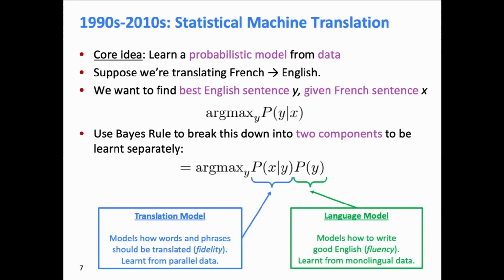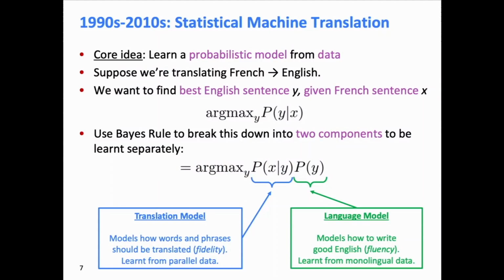Instead of a single conditional probability distribution needing to understand how to translate and how to write good English text and understand sentence structure and everything at once, you separate it, so that the translation model on the left in blue mostly just knows about local translation of small chunks of words and phrases, whereas the language model on the right more takes care of writing good English, good sentence structure, word order, and so on. So you already know how to learn a language model, because we learned about that last time. You just need lots of monolingual data, in this case, English data.